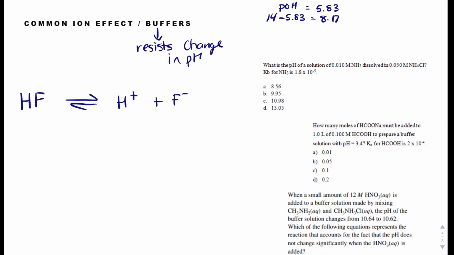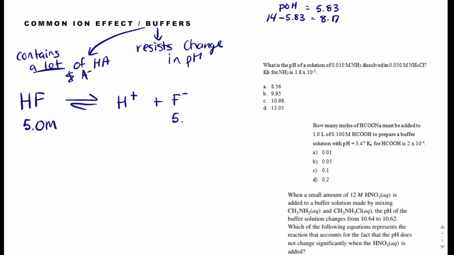A good buffer contains a lot of HA, which is just your acid, which in this example is HF, and A minus, which is its conjugate, the thing that has lost an H. It's going to contain a lot of that, and here's the reason why. Let's just say I have 5 molar HF and I have 5 molar F minus. That means they're in a 1-to-1 ratio, which would be ideal.